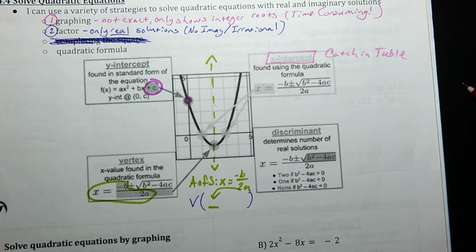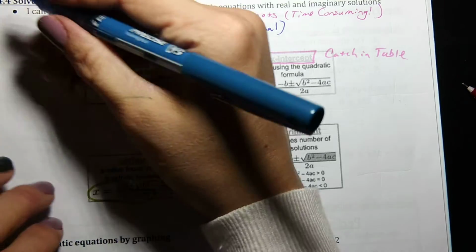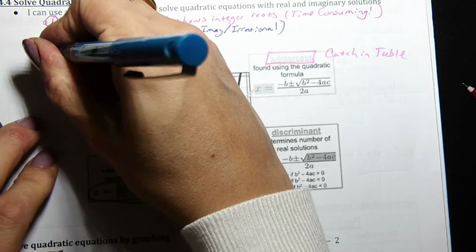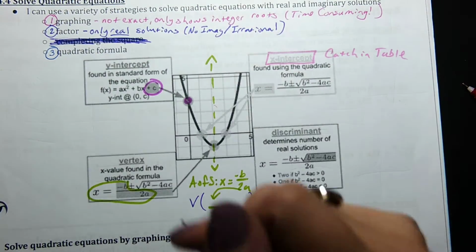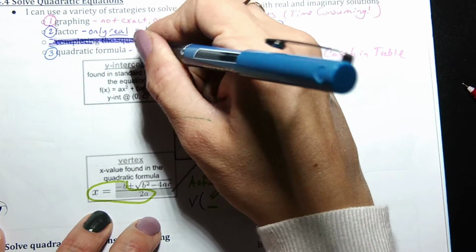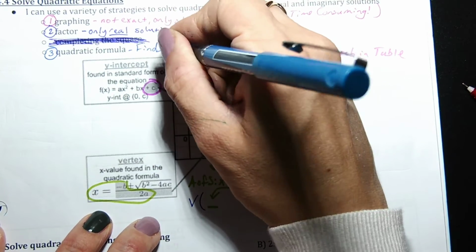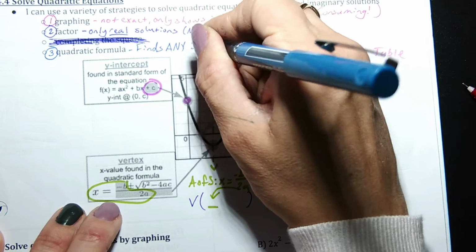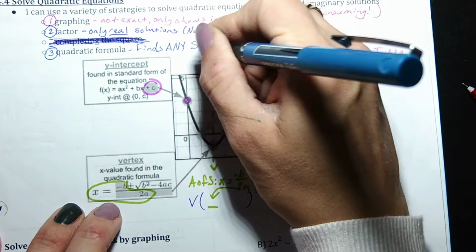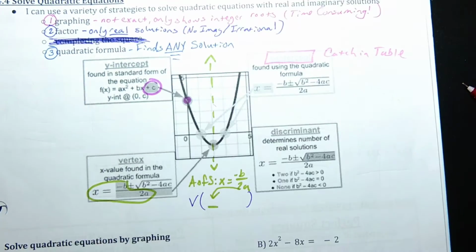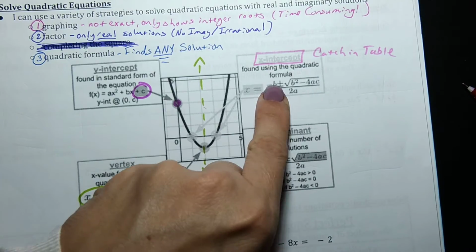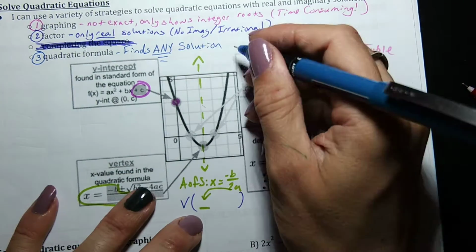The third, which we haven't talked about yet, is the almighty quadratic formula. This finds any solution. We may start that tomorrow. It's a big old formula. There it is.